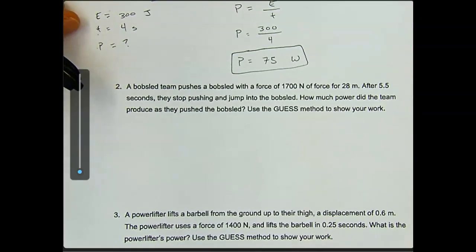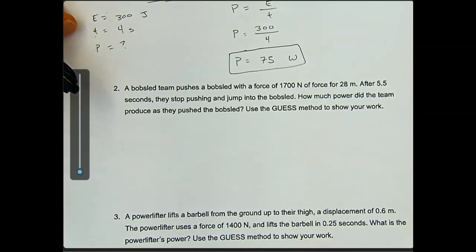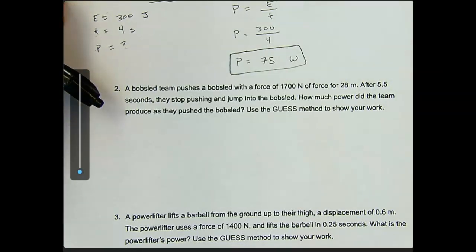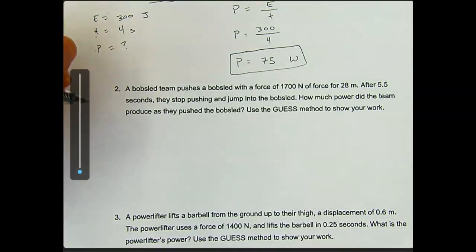A bobsled team pushes a bobsled with a force of 1,700 newtons for 28 meters. After 5.5 seconds, they stop pushing and jump into the bobsled. How much power did the team produce as they pushed the bobsled? Use the GUESS method to show your work. So again, let's start with what we were given.